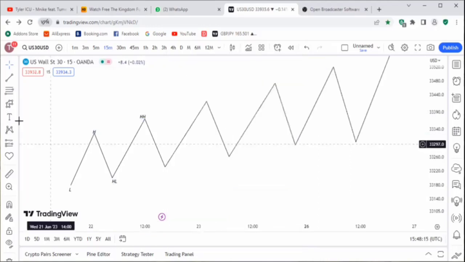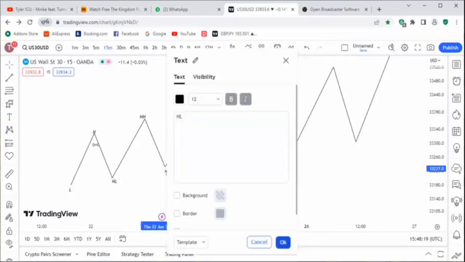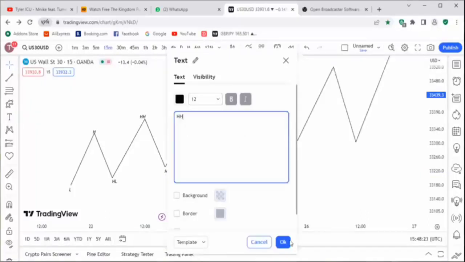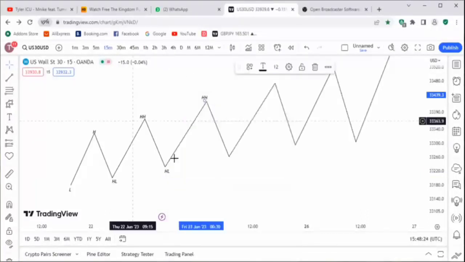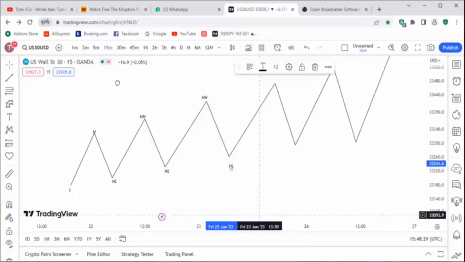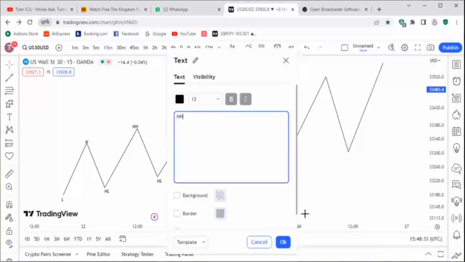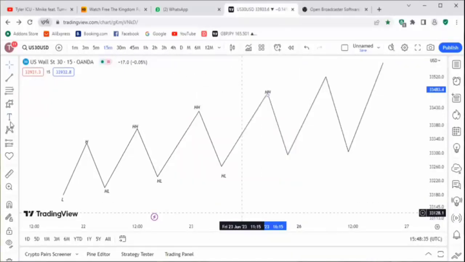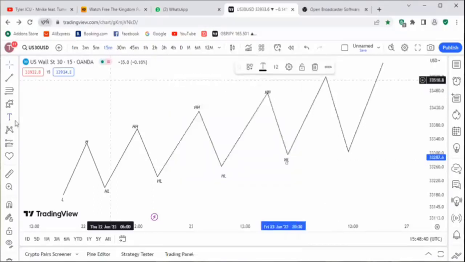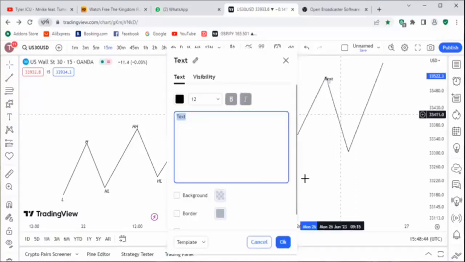This is going to be our higher low. This is going to be our higher high. Higher low, higher high. Higher low, higher high.